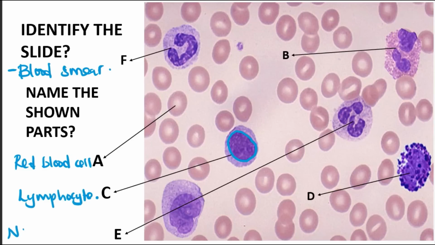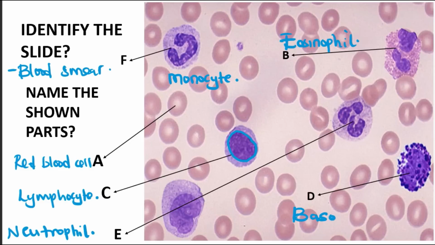E is a neutrophil because it has 4 lobes on the nucleus; we know neutrophils have a 2 to 5 lobed nucleus. F is a monocyte because it has a kidney-shaped nucleus. B is an eosinophil because it has red granules. D is a basophil because it has blue granules.